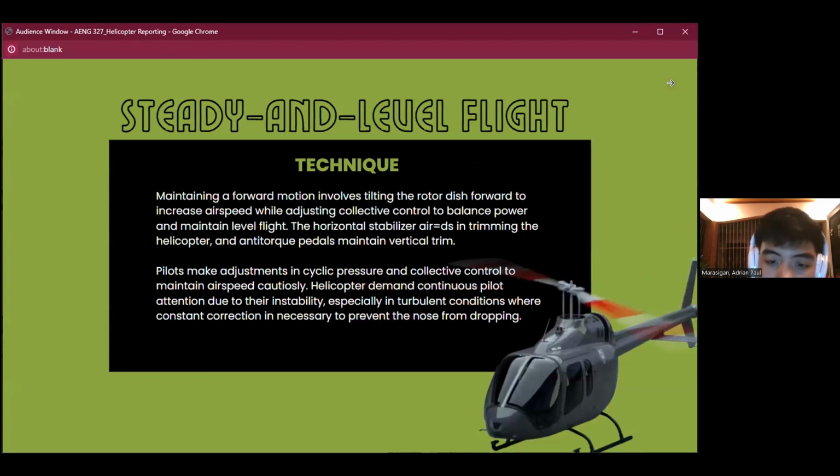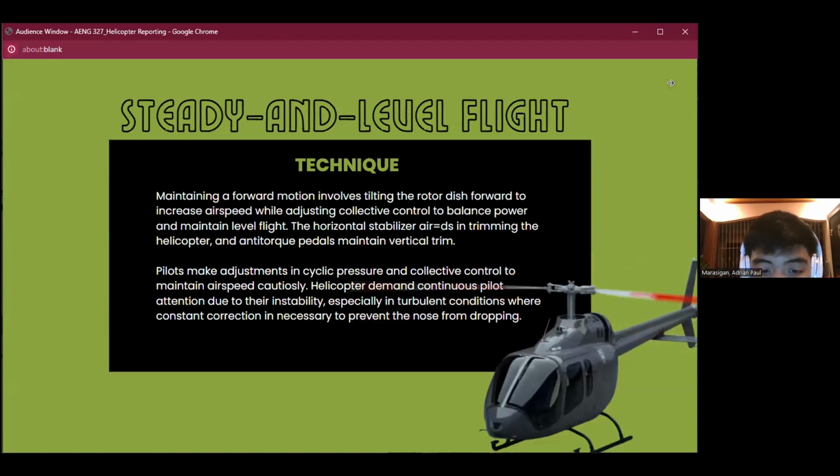Conversely, if the horizon appears to descend gradually, reducing power might be necessary as the helicopter's nose may be pitched too high, necessitating a cyclic adjustment. The cyclic, located at the pilot's right, functions as a control stick that influences the helicopter's flight direction by tilting the rotor disc in the desired direction.